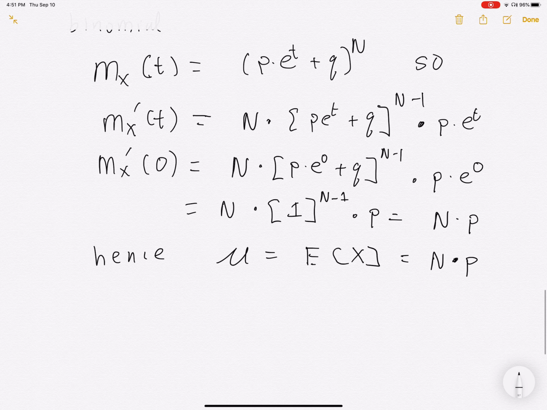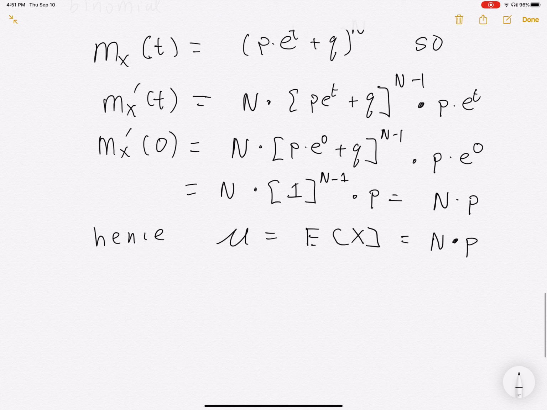Let's calculate the second derivative, okay? The second derivative can be a little bit more complicated. M double prime of X evaluated at t.